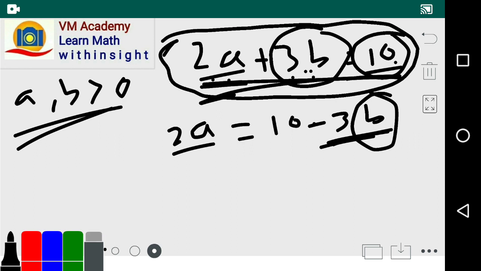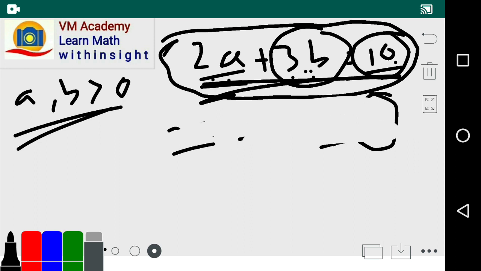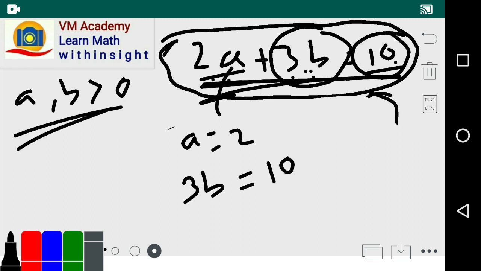So by the Euclid algorithm we can calculate, friends. Here simply if we substitute A equal to 2, friends, then 3B becomes 10 minus 2 into 2, that is 10 minus 4, 6, and thus B becomes 2.